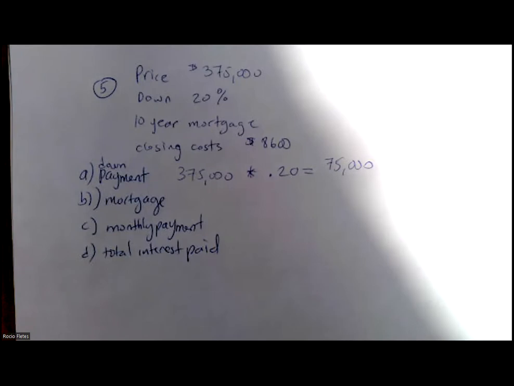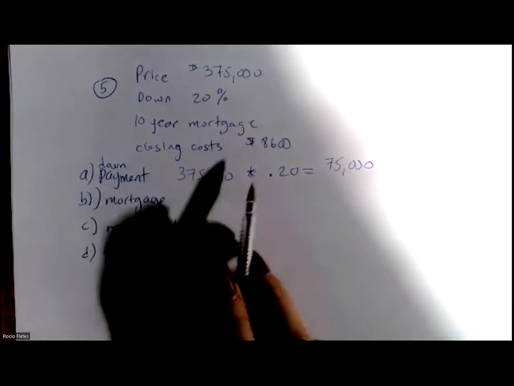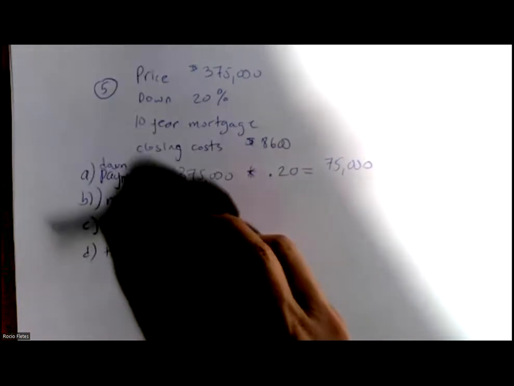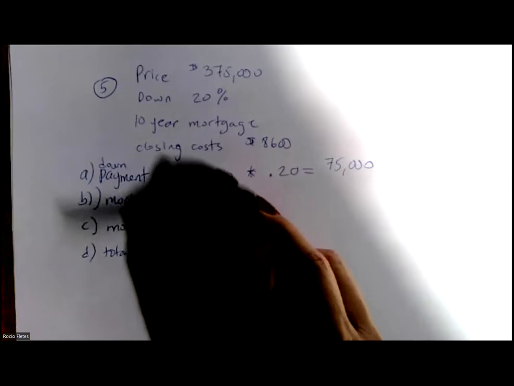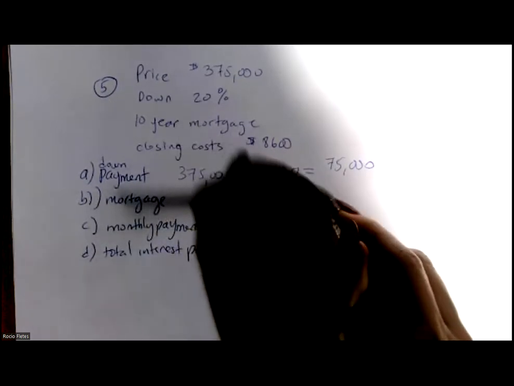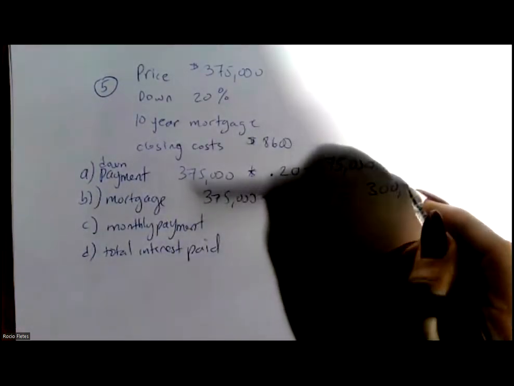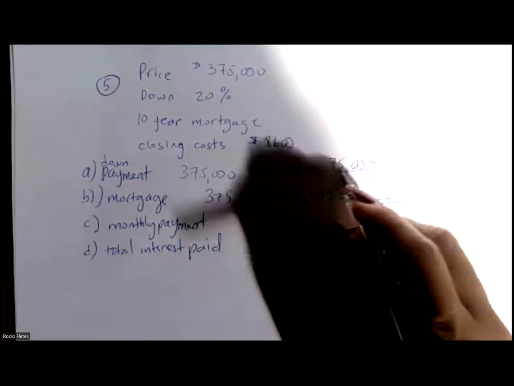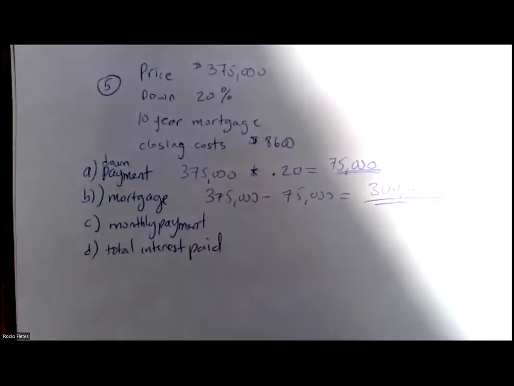So the mortgage amount is whatever is left after the down payment. We take 375,000 minus 75,000, so we're financing 300,000. This is the mortgage amount, 300,000.